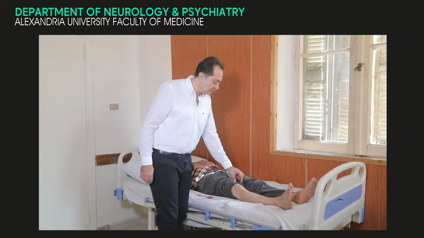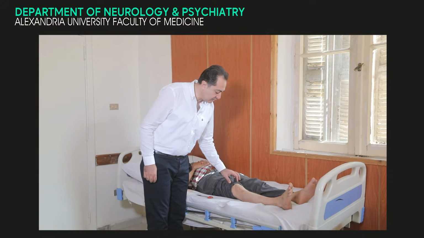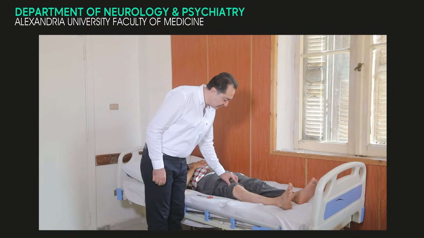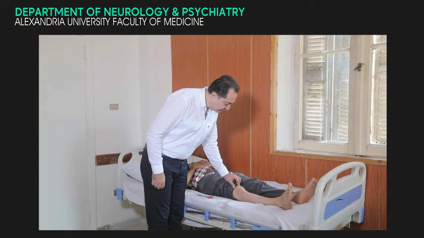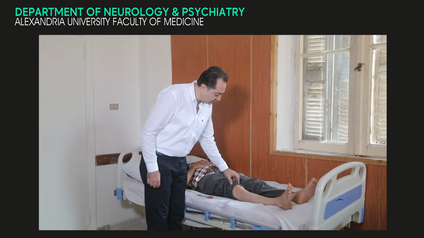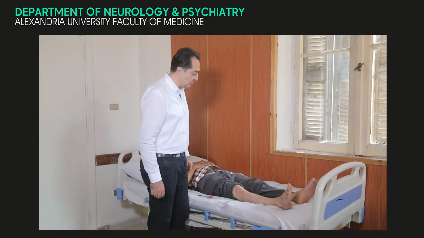How to do the patellar clonus? The idea is to suddenly and sustainedly extend the tendon of the quadriceps with the patella in front and see if we have a clonic movement like that or not.